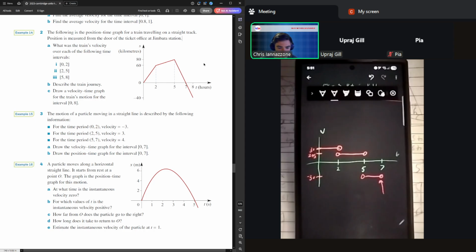Not allowed to be a dark circle. Why? It's got to do with limits and differentiation from first principles.